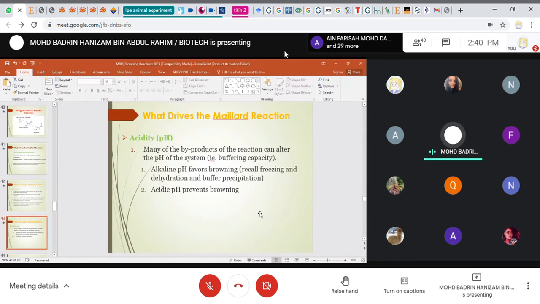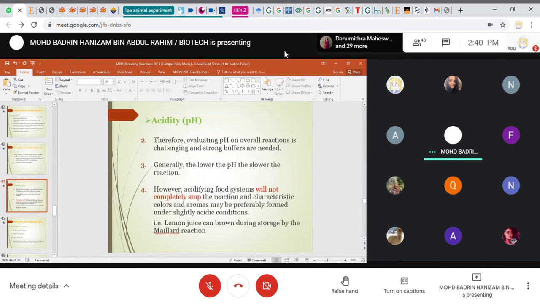Alkaline pH favors browning, while acidic pH prevents or slows down the browning reaction. Therefore, evaluating the effect of pH on the overall reaction is challenging, and strong buffers are needed. Generally, the lower the pH, the slower the reaction.